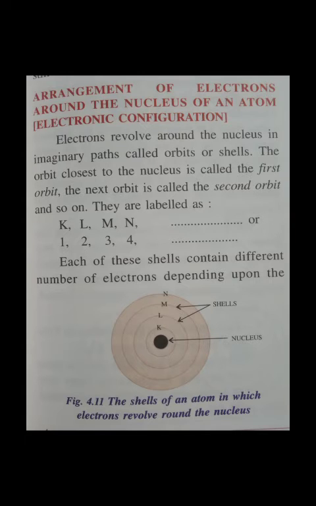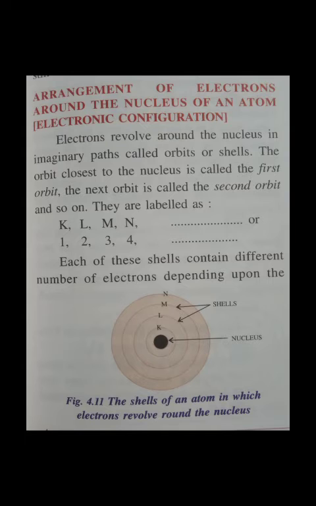Now we have electrons, right? And we know that they are revolving in orbits around the nucleus of an atom. Now, how to arrange those electrons in different orbits? This is called arrangement of electrons around the nucleus.